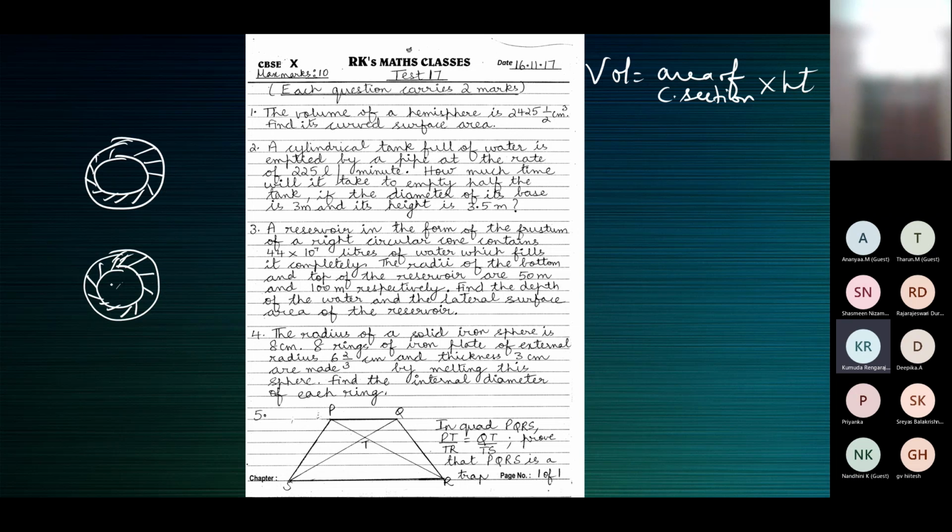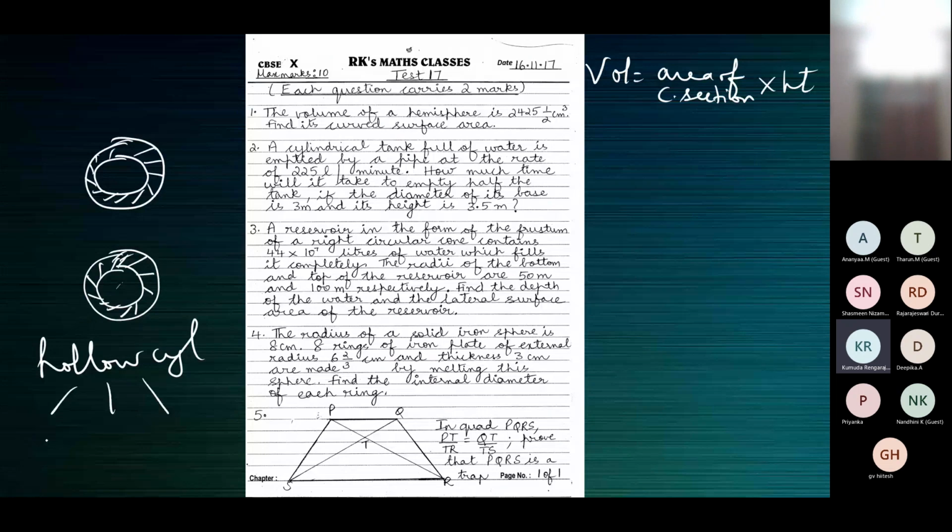But if you arrange identical pieces like this to some height, then it's called a hollow cylinder, because when you stack them up, it assumes some height. And that one is a hollow cylinder, which has height, internal radius, and external radius. For a hollow cylinder, you need 3 values: the internal radius, the external radius, and the height.